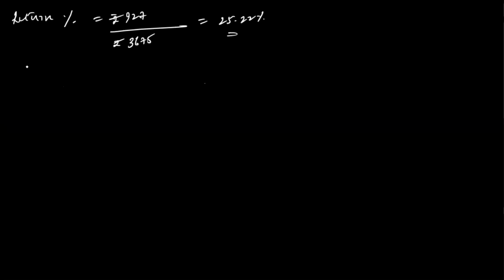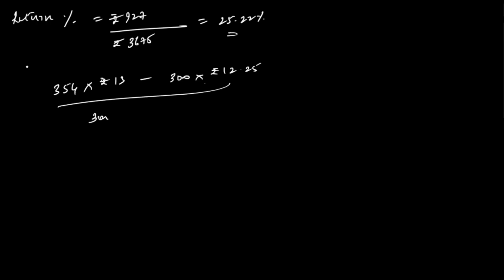So what have we done? We have multiplied 354 by rupees 13 and we subtracted 300 into rupees 12.25 in order to find out the return, and we divided this entire thing by 300 into rupees 12.25, right?